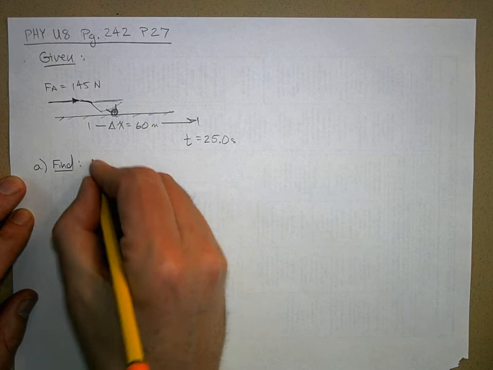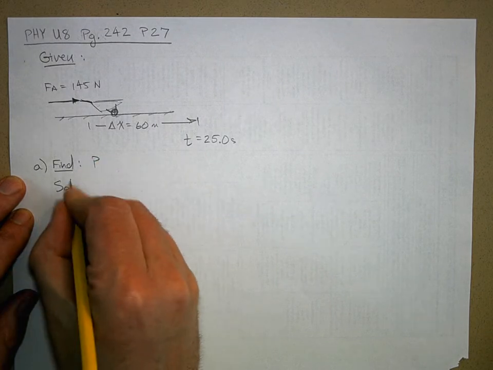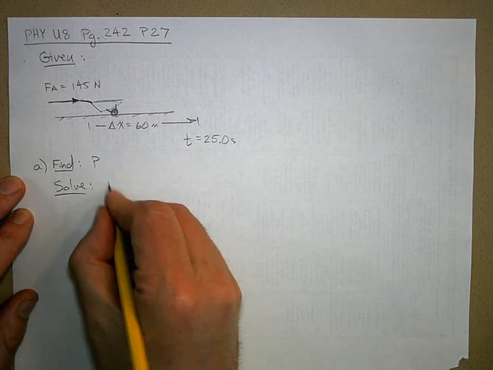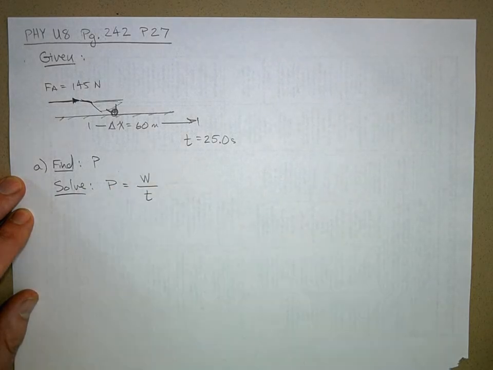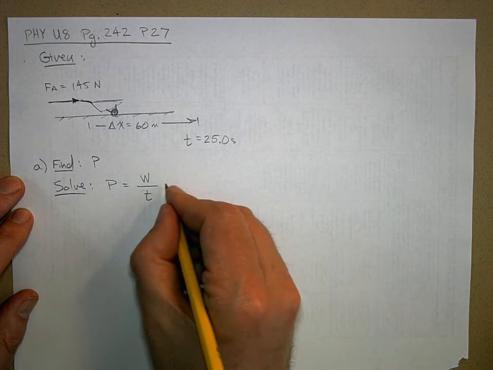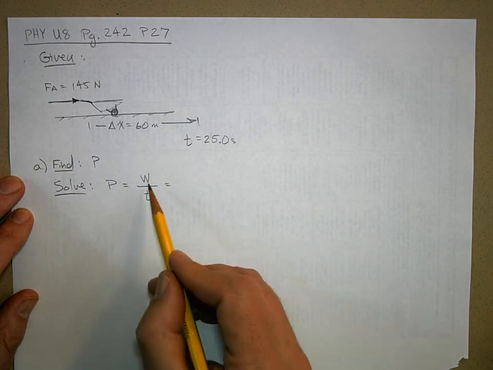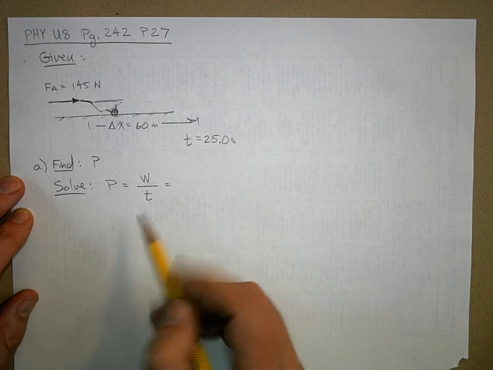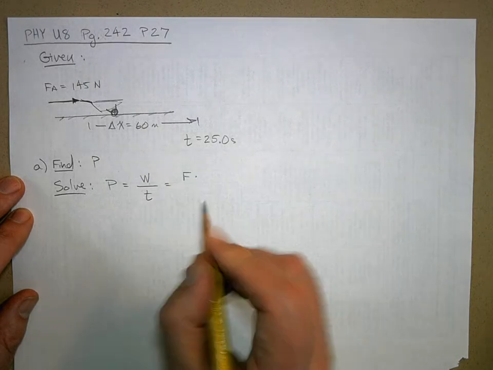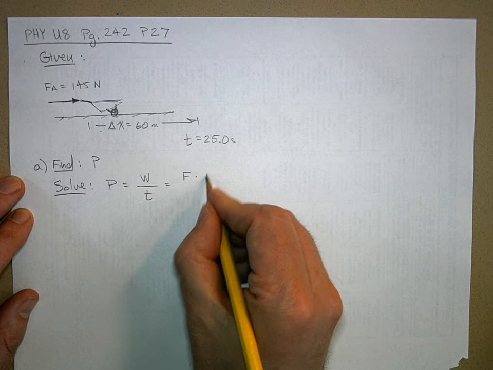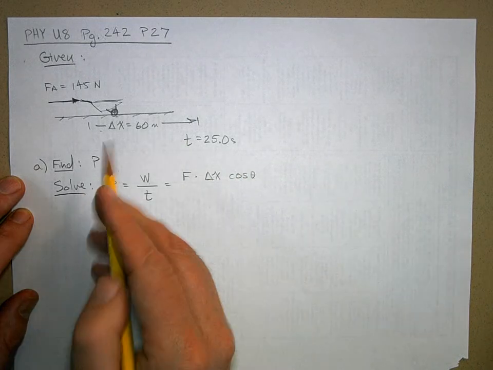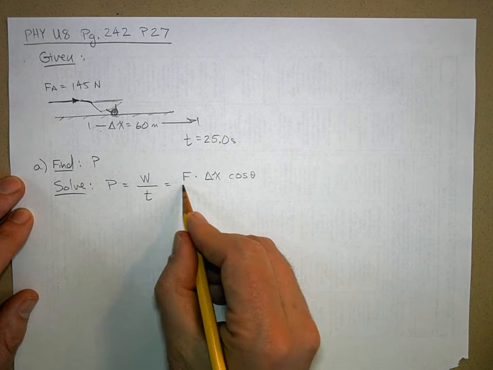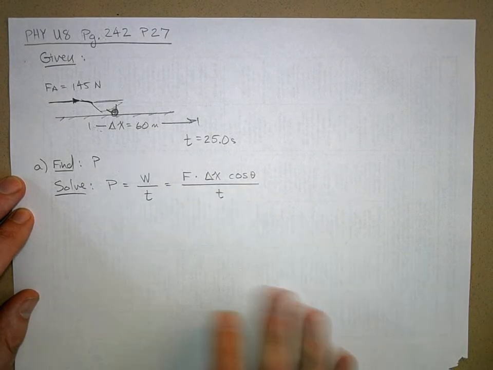So let's solve. Now, power equals the work done divided by time. But watch this little trick here. The work done is the force applied times the displacement times the cosine of the angle between the force and the displacement. And then, of course, we divide that by time.